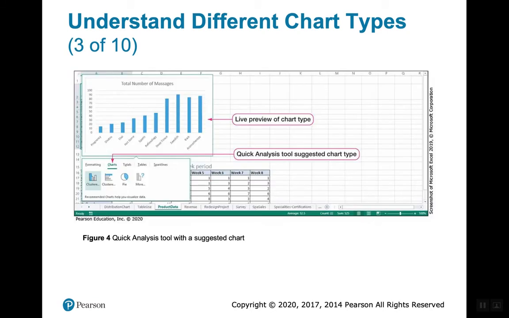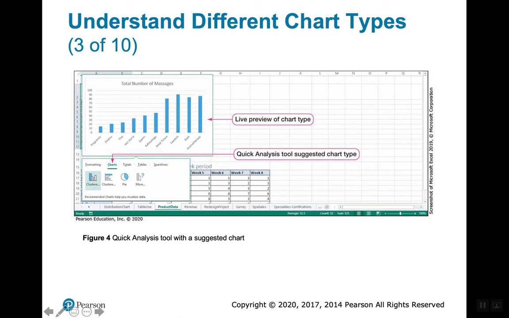All right. So here's an idea of what you can do. The way you generate a chart is you select a range of data, a bunch of cells, and then you go to your Insert tab.